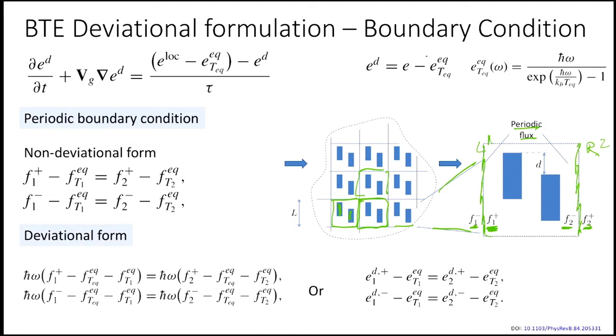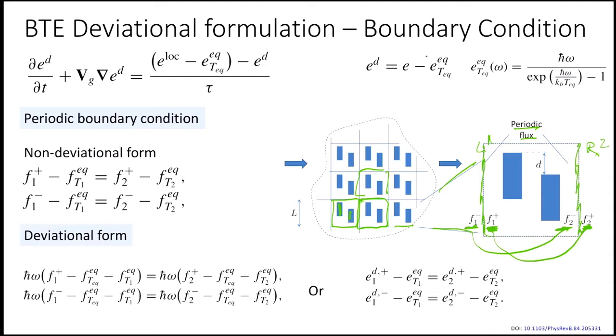Now, as you could see, because of the periodicity, F2 positive has to be related to the F1 negative. No, sorry, F2 positive has to be related to the F1 positive, and F1 negative has to be related to the F2 negative.